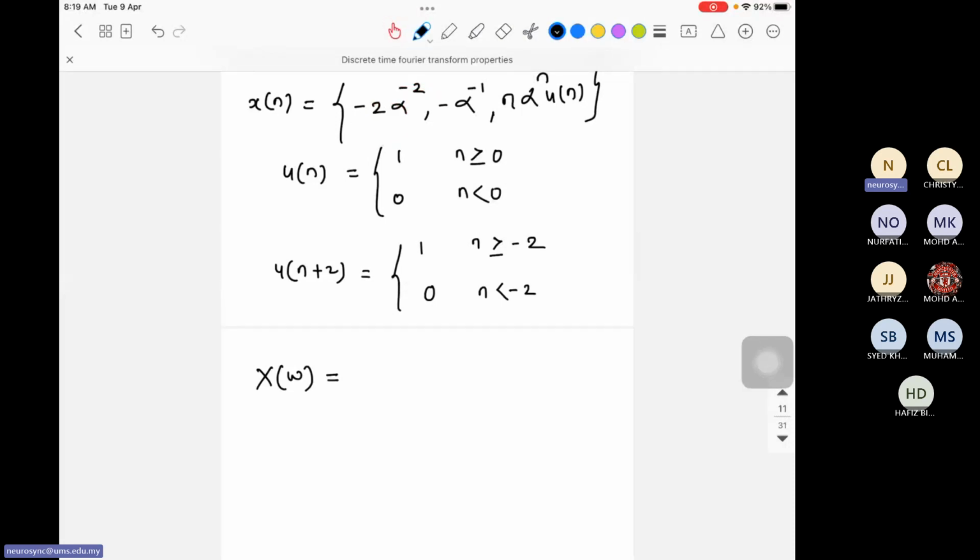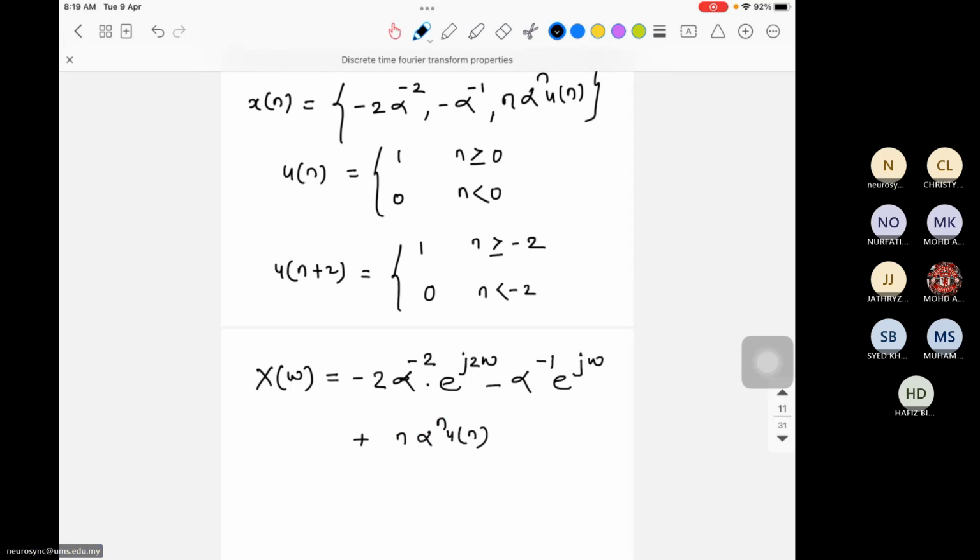I will get minus 2 alpha to the power minus 2 into e to the power j 2 omega. Then the minus sign here, because we are doing summation over this. Therefore, I can directly write minus alpha to the power minus 1 e to the power j omega, plus this n times alpha to the power n u of n.